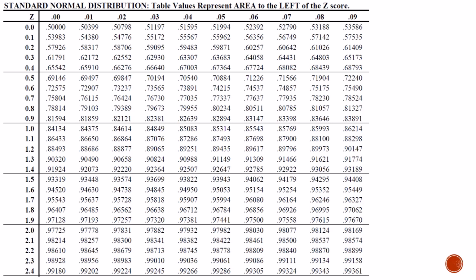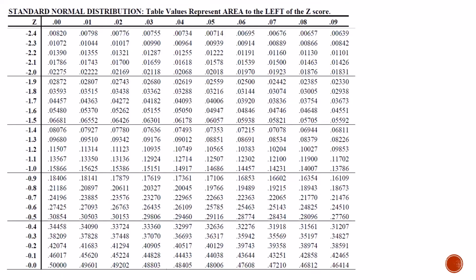A z-score of 0 means no standard deviations, so you're at the mean. That should be halfway between the two extremes, so exactly half of the area is on this side of the table. The other half of the area is on this side of the table, the negative side.